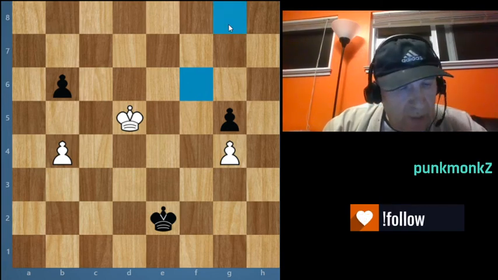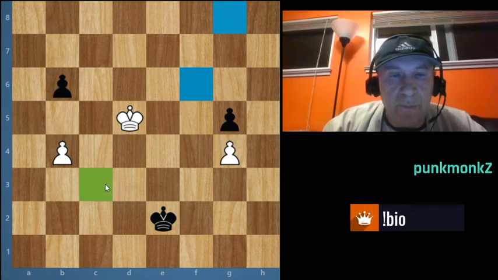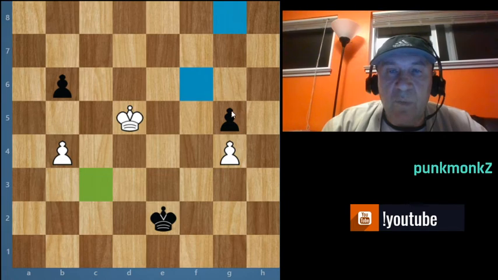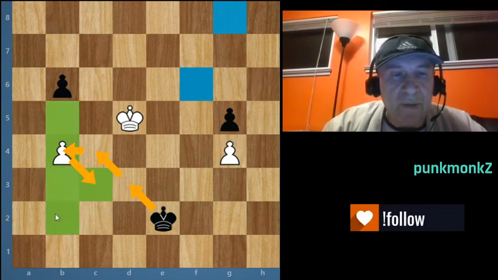And the black king will be here, right? So it will take 8 moves. So 1, 2, 3, 4, 5, 6, 7, and 8. All right, so this is the position.